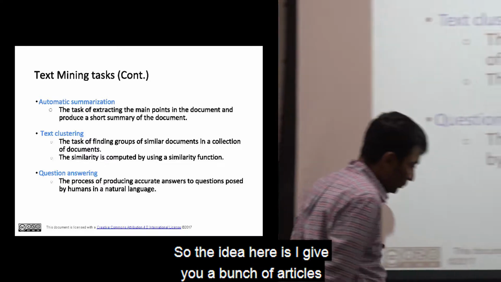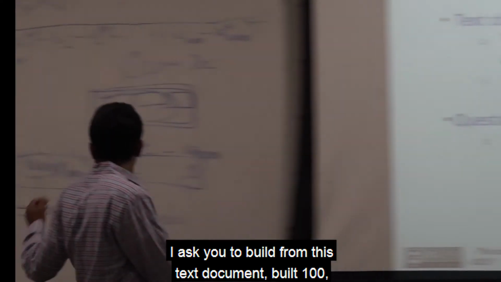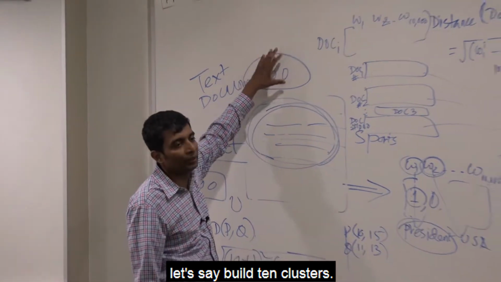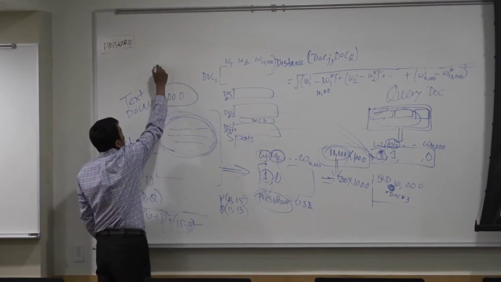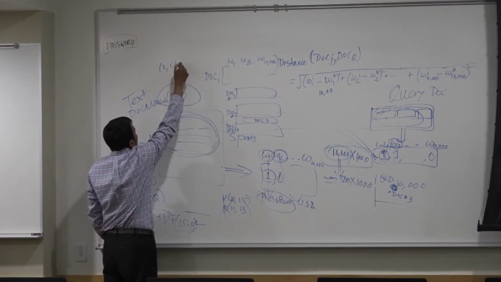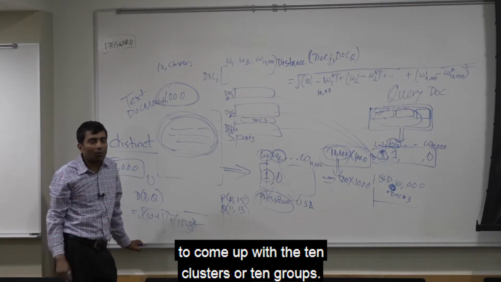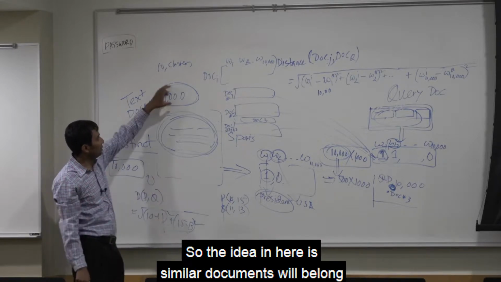So the idea is I give you a bunch of articles without labels, and ask you to build, let's say, 10 clusters. We have a total of 1,000 text documents, and our goal is to come up with 10 clusters or groups.